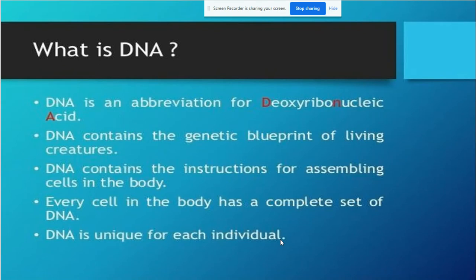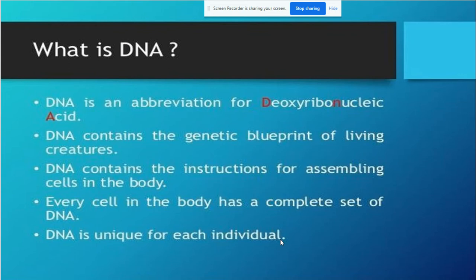What is DNA? By definition, DNA is an abbreviation for deoxyribonucleic acid. DNA contains the genetic blueprints of living creatures and organisms. DNA contains the instructions for assembling cells in the body.